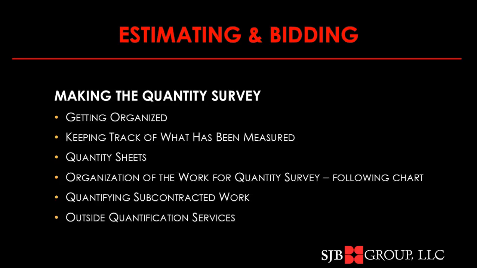In organizing for the work of the quantity survey, you want to prepare a separate recap sheet for each bid item. You're going to want to maintain the recap draft sheet, the initial sheet. You've got to anticipate having to split the bids from various subcontractors.